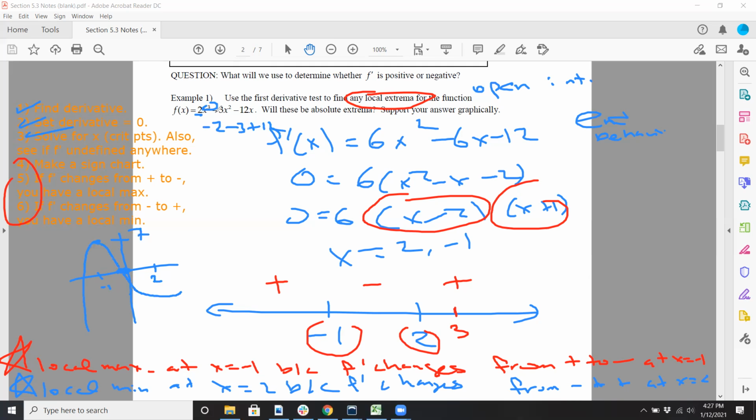And if I plug 2 into this, I think I get 16 minus 12 minus 24. So it's actually going to be pretty low. I didn't go low enough, but it's going to be negative 20. That's how low it dips. So let me redraw that. It dips down here and then just goes up after that. Then it just rises forever after 2.